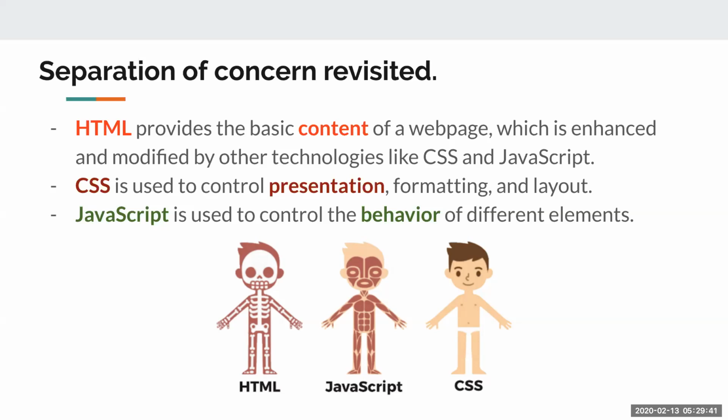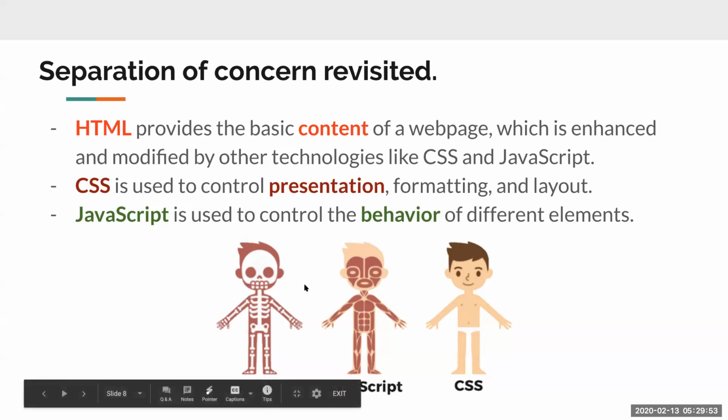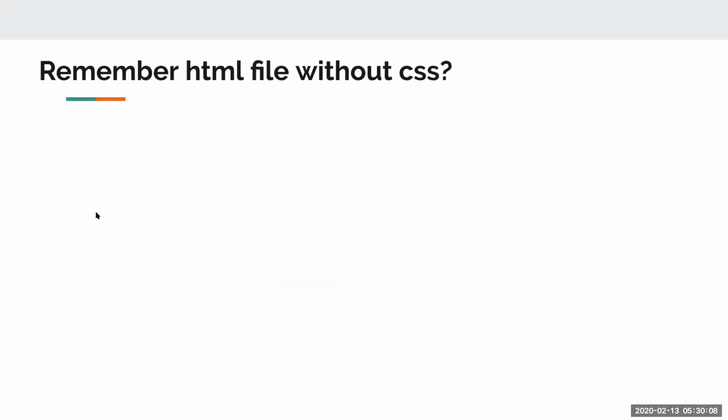CSS is used to control presentation, and JavaScript takes care of the interactive behavior. We had this nice metaphor of HTML being the bare bones, JavaScript being the muscle, which makes our body move, and CSS being the style and appearance of the content.